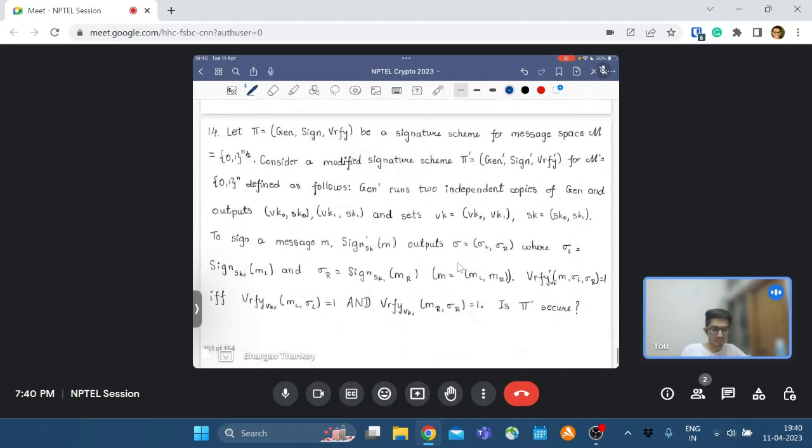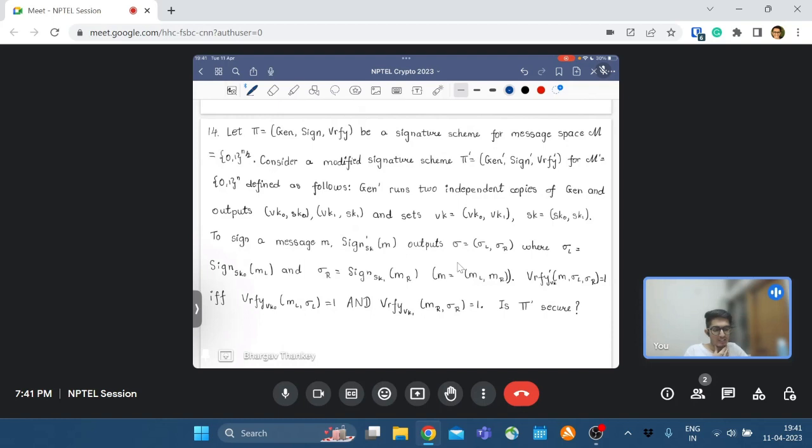So now let's look at the next problem. This is similar to the previous problem. There is just a slight change. Let pi equal Gen, Sign, Verify be a signature scheme for message space M equals {0,1}^(n/2).